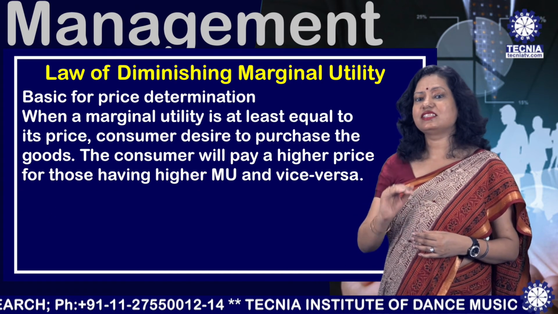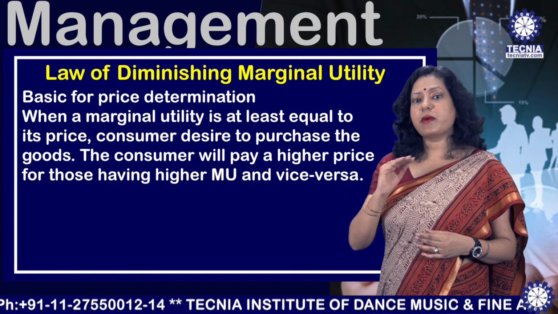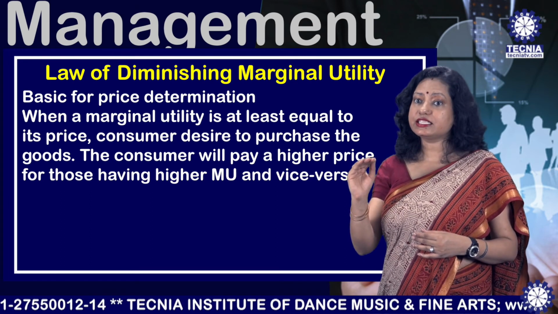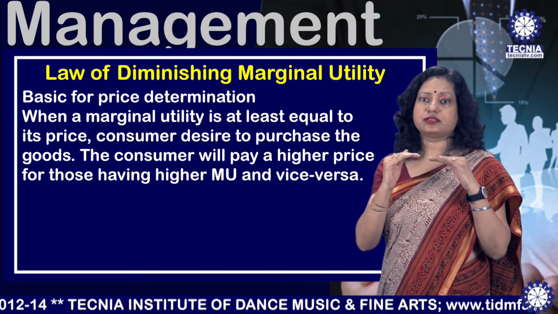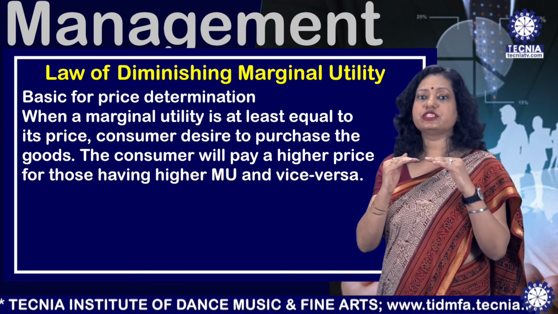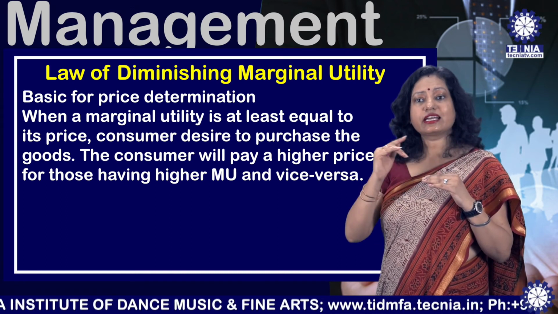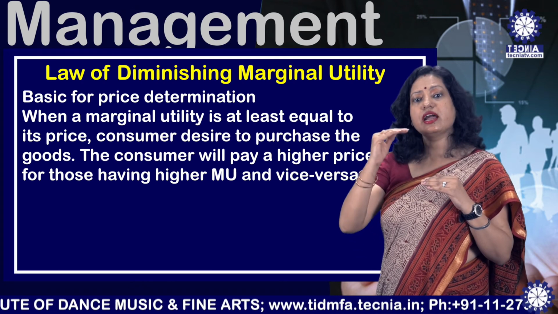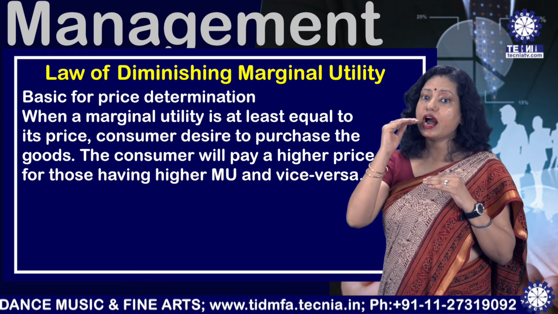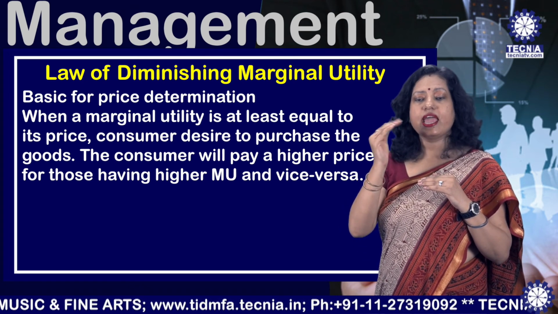Basis for price determination: when the marginal utility is at least equal to the price, the consumer desires to purchase the good. The consumer will pay a higher price for goods having higher marginal utility and vice versa.